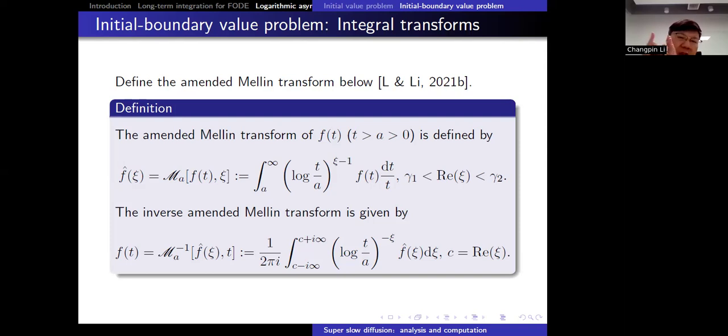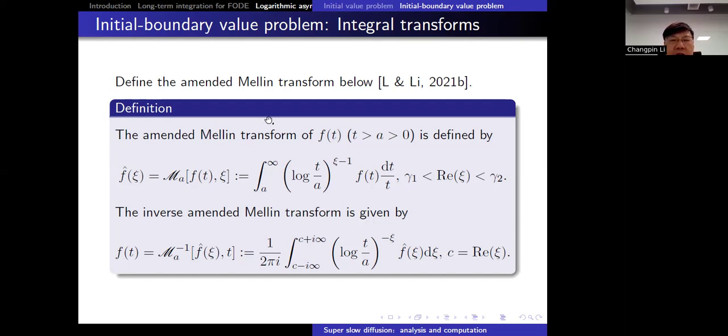For the Fourier transform and the Laplace transform, we only pay attention to the asymptotics at infinity. But for the Mellin transform, we need to pay attention to the asymptotics at the starting point and the infinity point. This is the amended Mellin transform and the inverse Mellin transform.